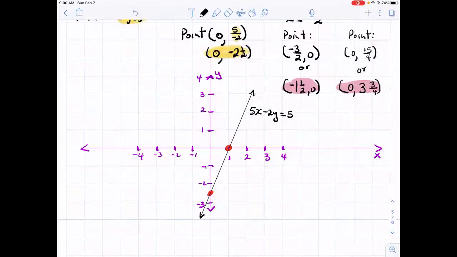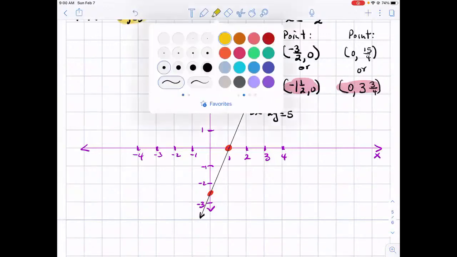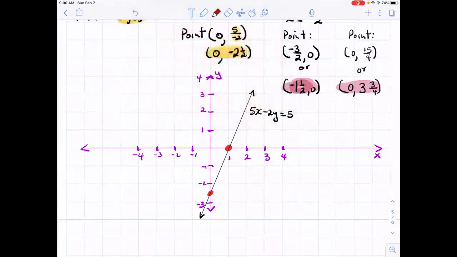Now, if we graph the second equation, these points here: x is -1.5, y is 0. So -1.5 would be somewhere over here. And then my y value is about 3 3/4, which is somewhere all the way up here, just past 3.5.